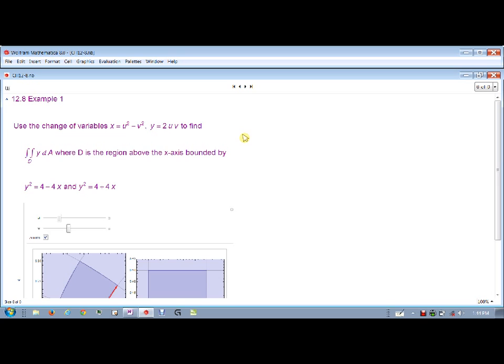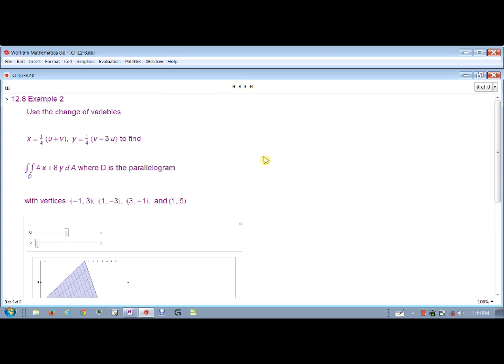Okay, everyone have this? Use the change of variables. So instead of saying x is r cosine theta, y is r sine theta, we're going to do this. Oh wait, hold on, this is not the one I want to do. Jump one more, this one. So I'm making this change of variable in order to do this integral. I want to point out that I've given you the change of variable, I've told you what we want to change to.